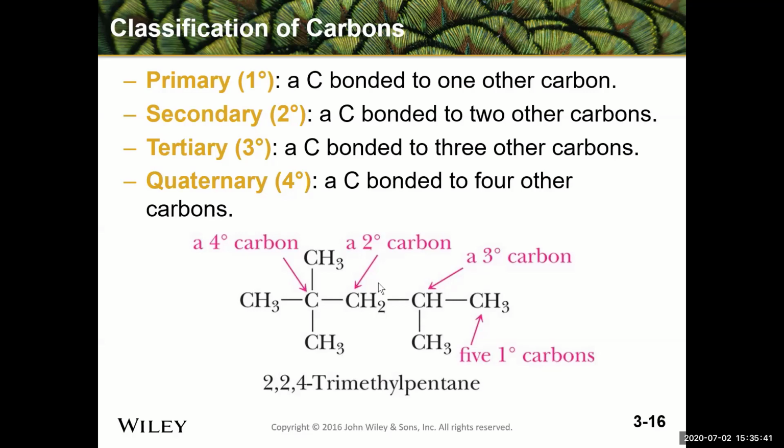So basically, a hydrogen-carbon bond on a primary carbon, that hydrogen is a primary hydrogen. A hydrogen associated with a secondary carbon is a secondary hydrogen. And a hydrogen associated with a tertiary carbon is a tertiary hydrogen. Okay, so it's logical.